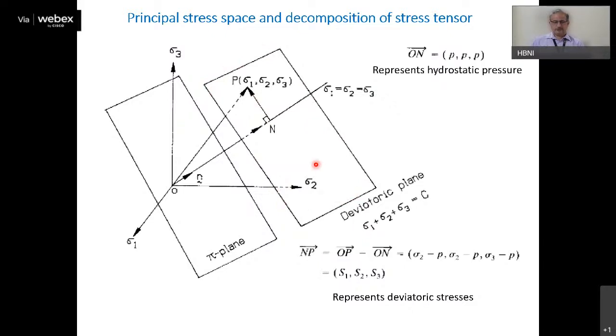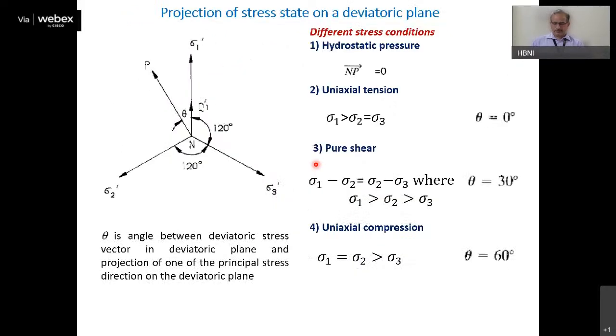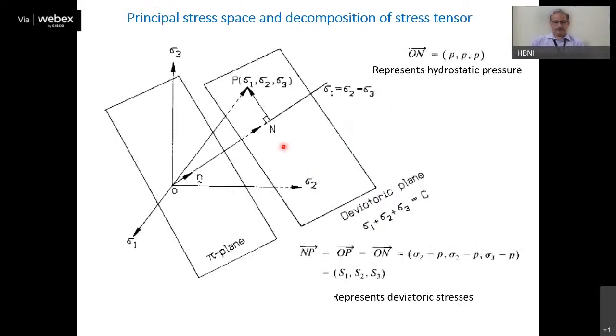So we can know about the deviatoric magnitude. By knowing the magnitude of this vector, we can know the magnitude of the deviatoric stress, and we can also get the direction of the deviatoric stress in this plane. Different directions of deviatoric stress define different kinds of loading conditions.